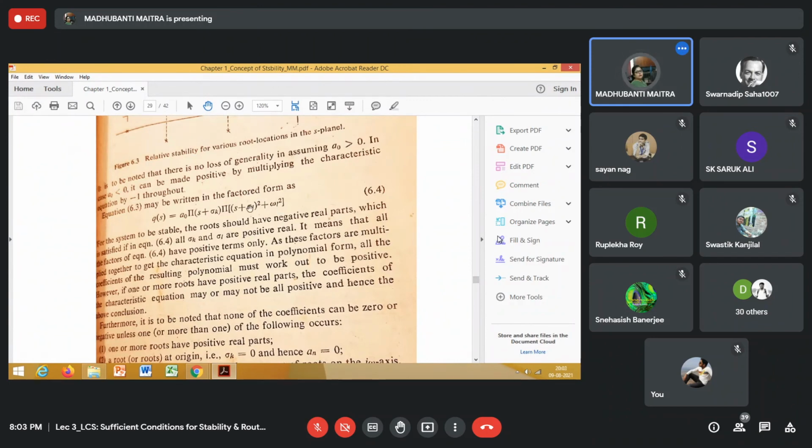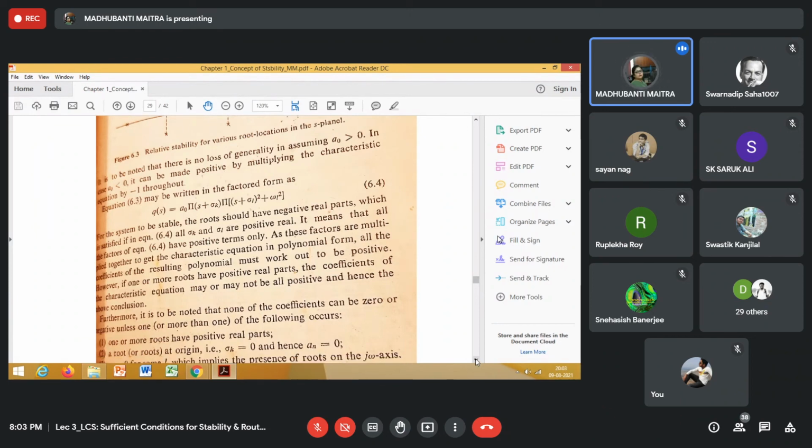Similarly, if one sigma L is 0, then what could happen? A complex conjugate root pair will appear on the imaginary axis, number 1. That means the system is not asymptotically stable. And number 2, since one sigma L is absent, we'll miss one particular term which is twice S sigma L. Clear? Yes, ma'am.